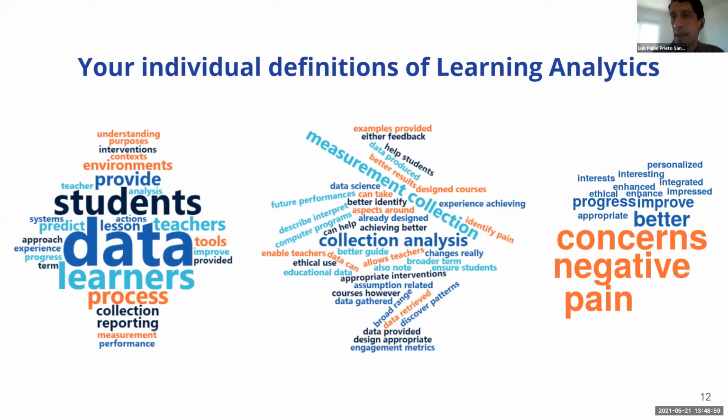We can see that there were some quite negative words, like negative, pain, concerns, and also many more positive ones, like progress, improve, personalize, integrate, etc. This still doesn't give us a definition, but we try to convey the idea that the data was the same in these three cases. We just did different analyses, and we got different points of view or different outcomes out of it.